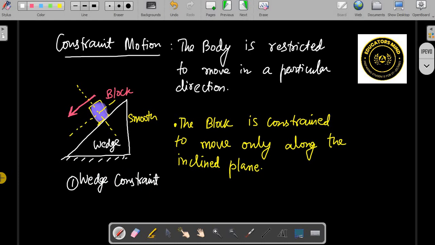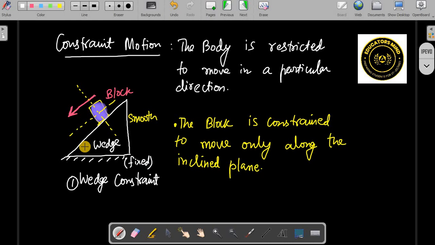Suppose the wedge is not fixed. Here of course it is fixed, but if the wedge is not fixed, then relative to the wedge the block has to only move up and down along the inclined plane.